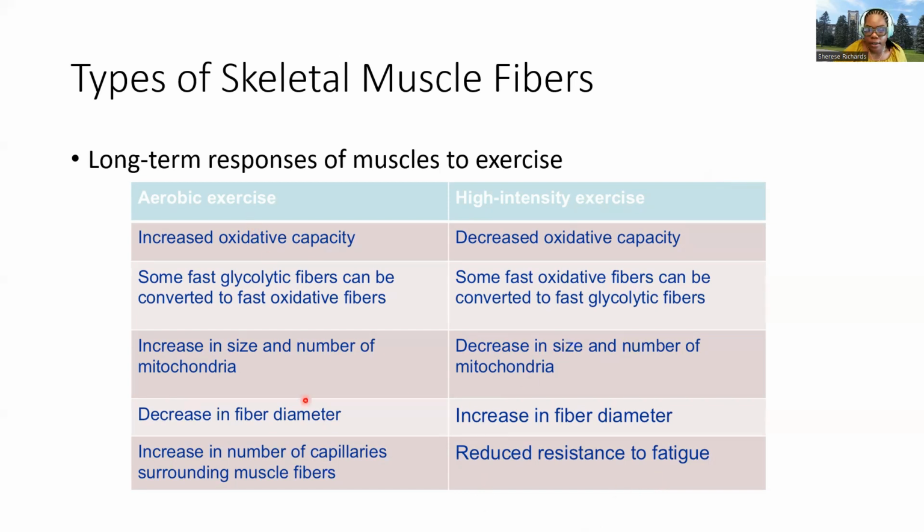Now, I want to point out here, this is extremely helpful when we think about the aerobic activities. This is why it's so important to think about heart health, because high intensity activities, while they're great for powering big muscles and fast, strong contractions, they're actually not helpful or friendly to your heart. Aerobic types of activities, which increase capillaries, increase blood flow, increase oxygenation, that's much more helpful, much more heart friendly.